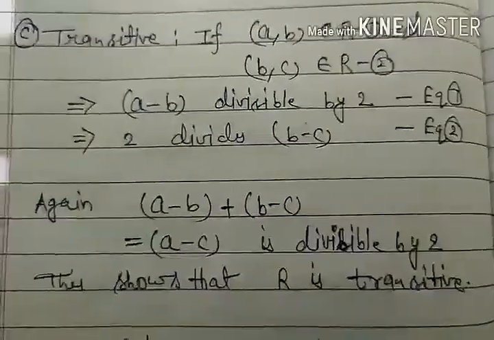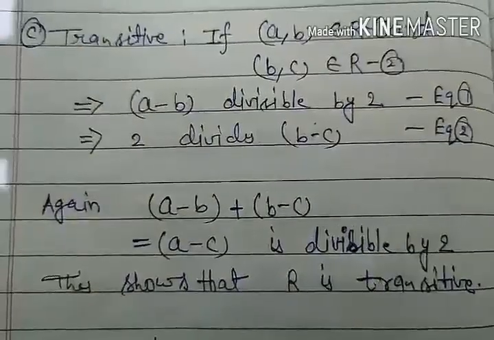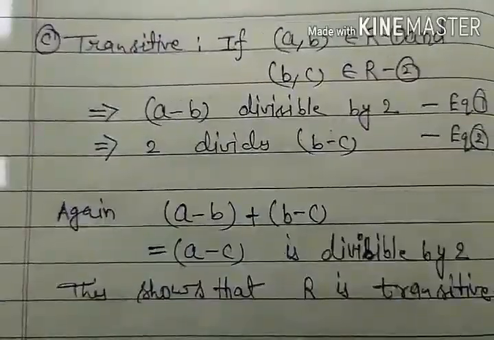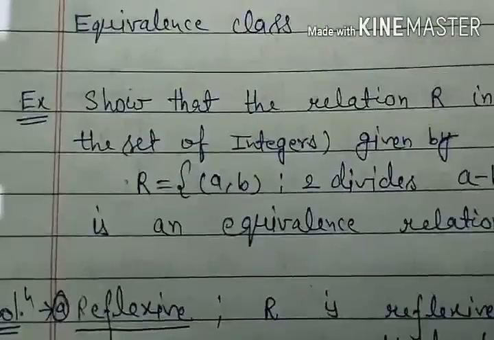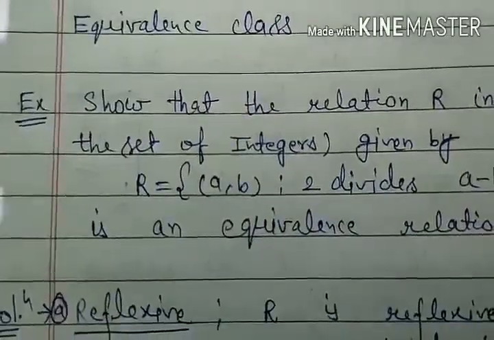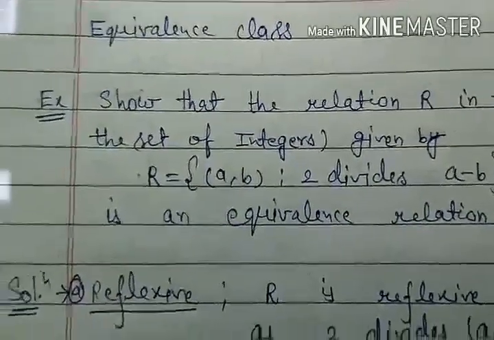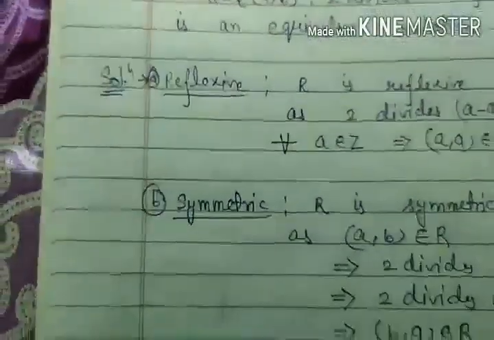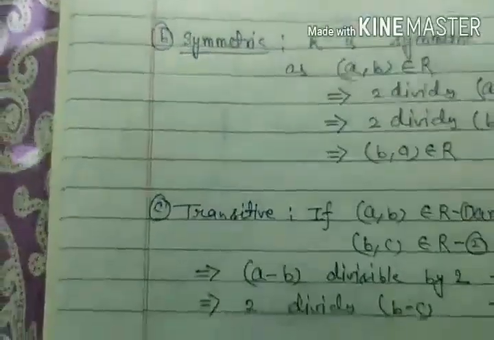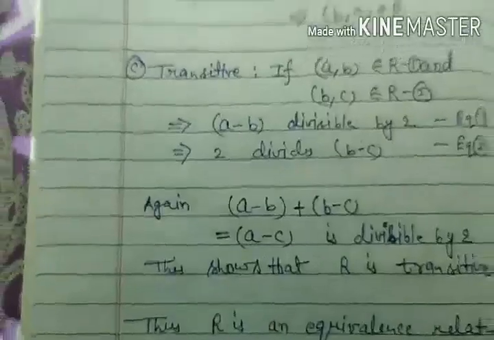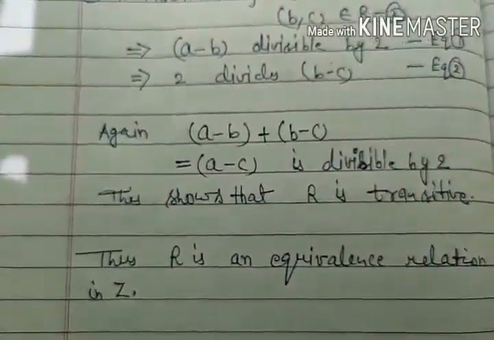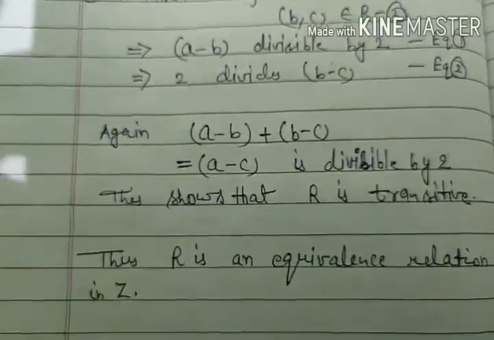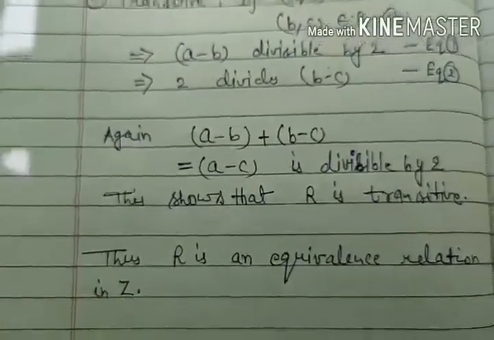This shows that R is transitive. Now we have proved that R = {(a, b) : 2 divides a − b} is reflexive, symmetric and transitive. So this shows that R is an equivalence relation in Z.